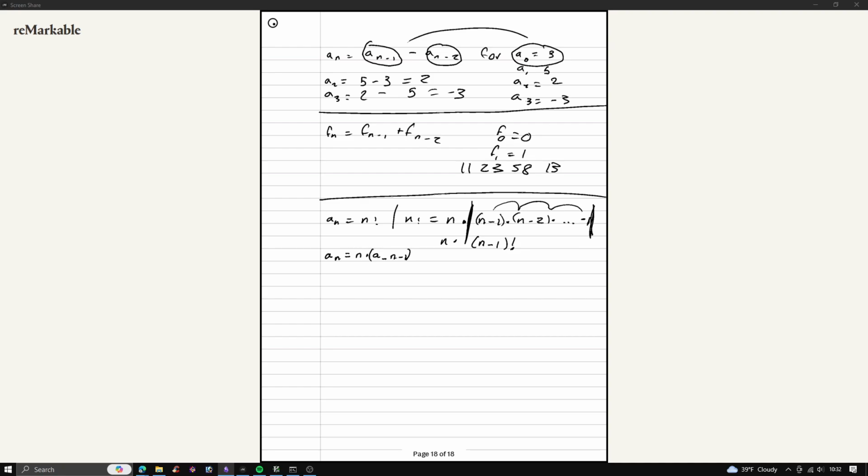We don't even have to say factorial there, because a of n minus 1 is already n minus 1 factorial. We just don't have to say the quiet part out loud. So that's nice. And this is called a recurrence relation, but a of n equals n factorial is called the closed formula to this recurrence relation.